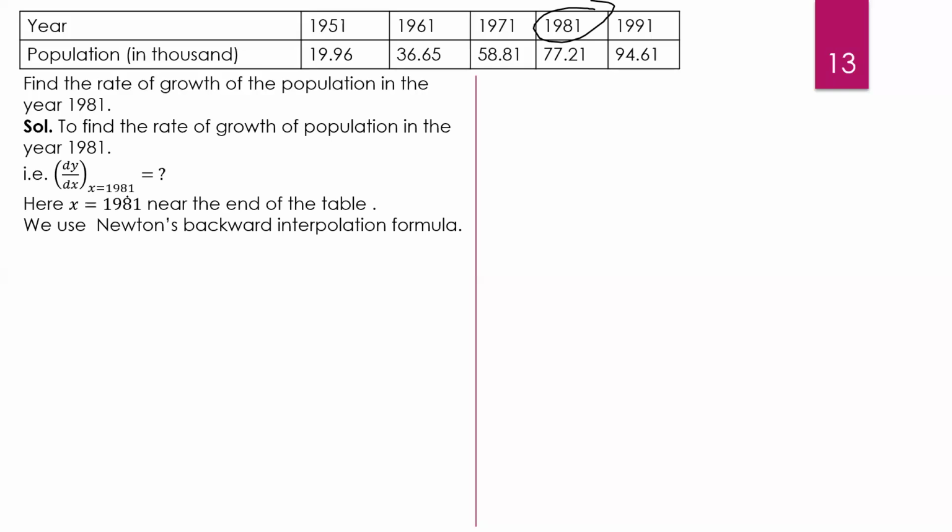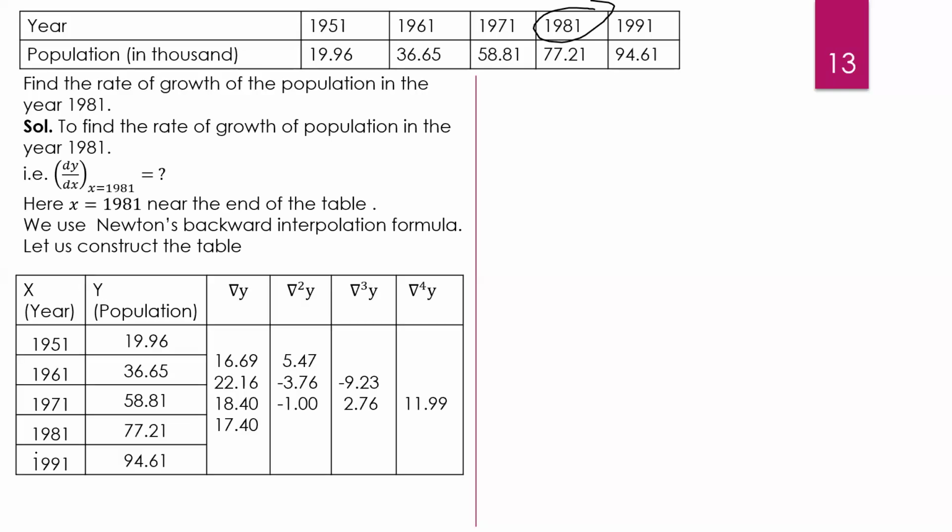We use the Newton backward interpolation formula. So first we construct the backward difference table. This is the year and the population. This is the first backward difference, so this minus this, we get 17.40. Then this minus this, we get 18.40. This minus this, we get 22 minus 16, and this minus this, we get 16.69.